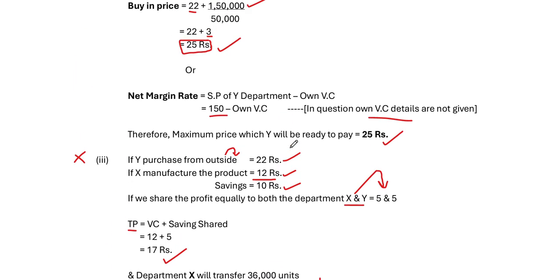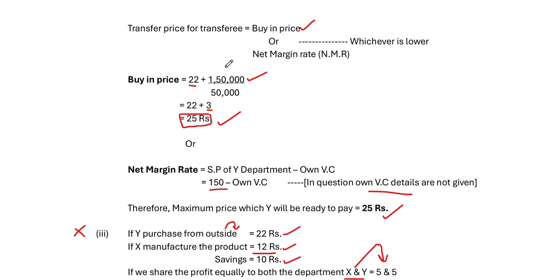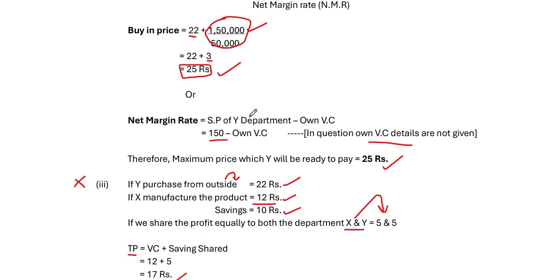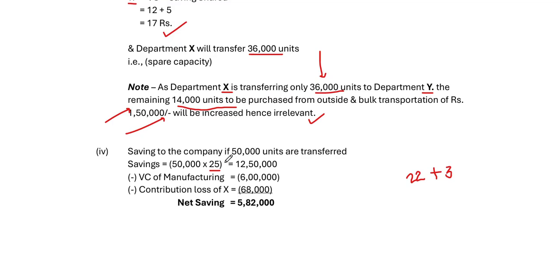Here we have already calculated 1,50,000 divided by 50,000 units, 3 rupees. So our total cost is 25 rupees. 50,000 into 25. So our savings will be 12,50,000 in case they transfer the 50,000 units internally.